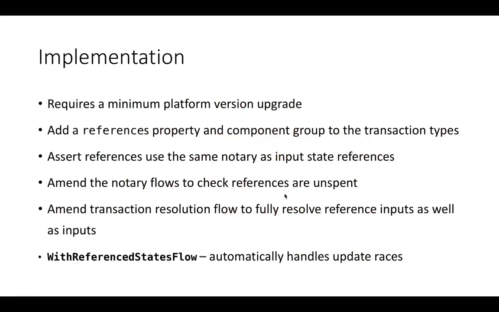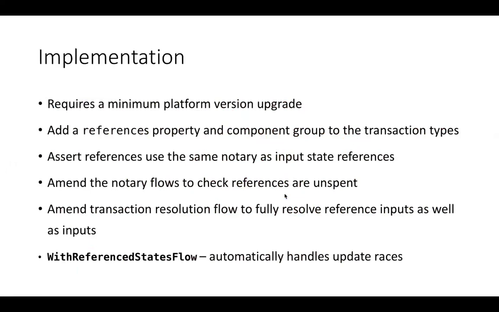The other things that we did were add this references property to the transaction and component groups in the wire transaction for this. We changed the notary services a little bit. So the notaries do process reference states, of course. So they check to see whether the StateRefs for those reference states are in the spent list, but they don't actually spend those reference states.